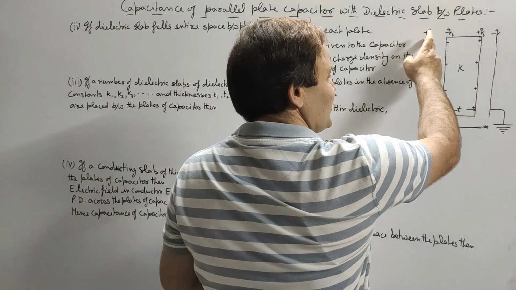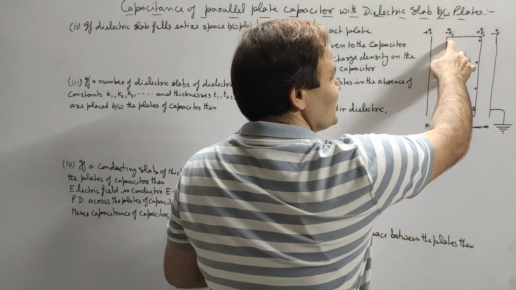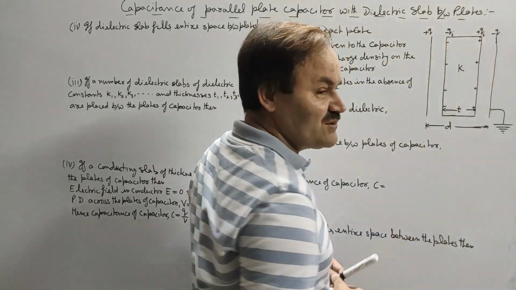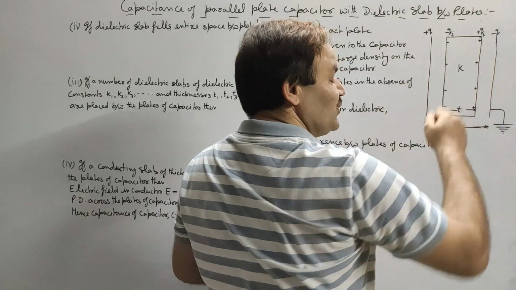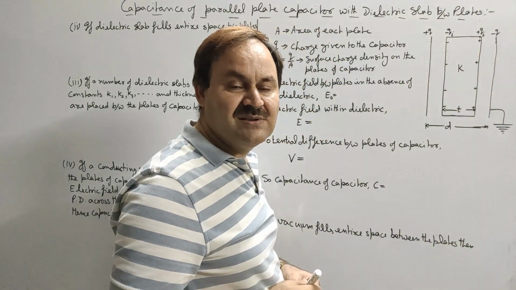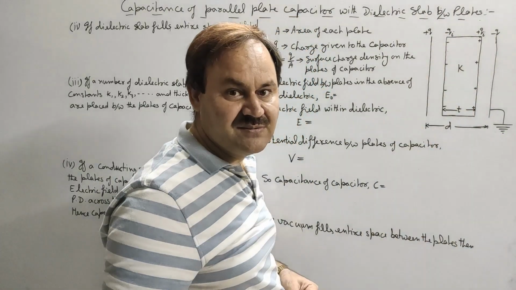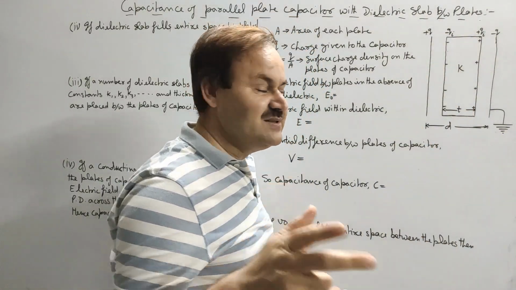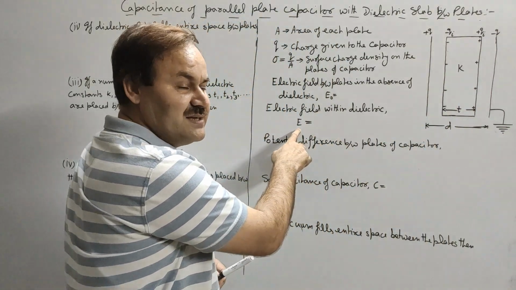Now this charge Q given to the plates will induce charges on the faces of the dielectric slab, and these charges will produce an electric field within the dielectric opposite to the applied field, and the resultant field within the dielectric we have taken as E.